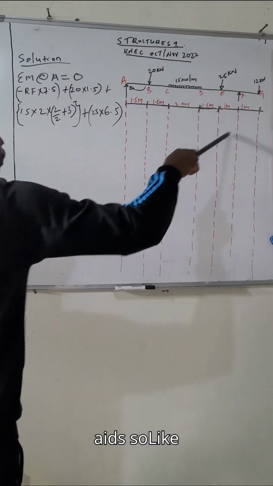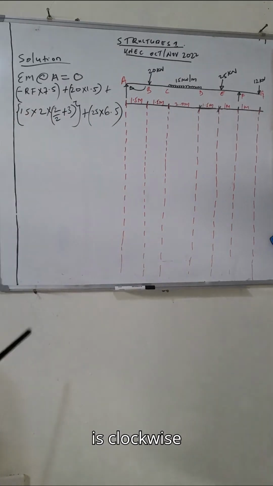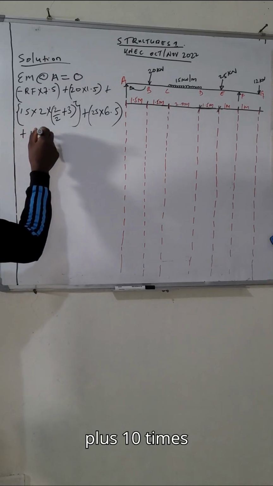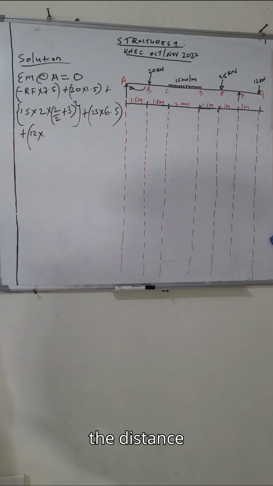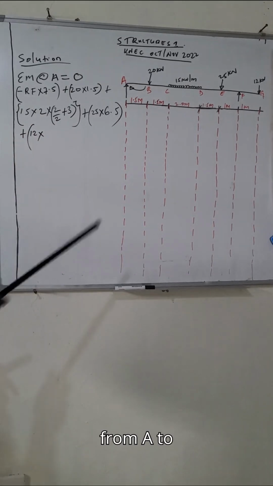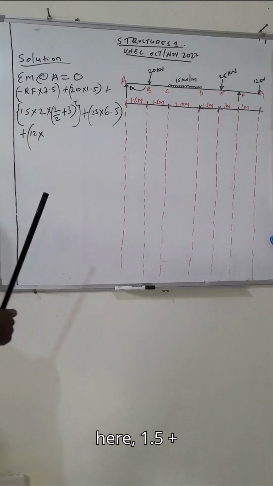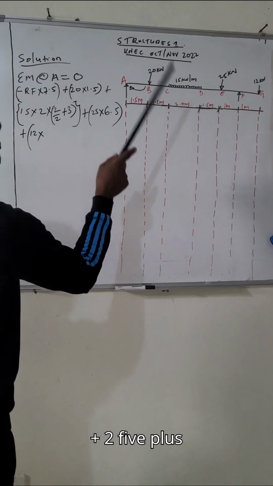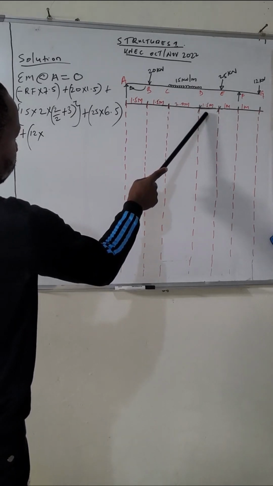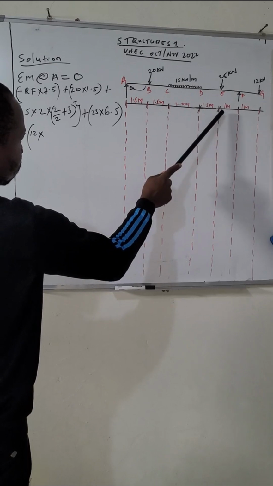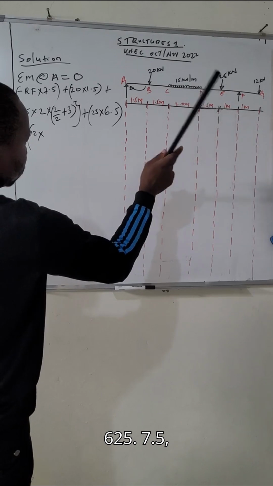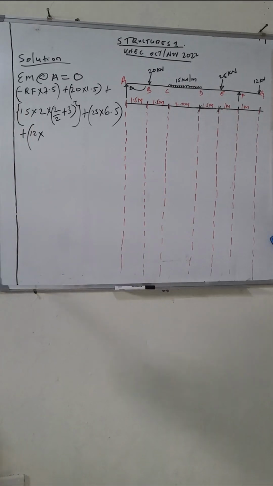So that is a clockwise direction, so it's a plus 12 times the distance from A to here: 1.5 plus 1.5, that is 3, plus 2, 5, plus 1.5, 6.5, 7.5, 8.5.